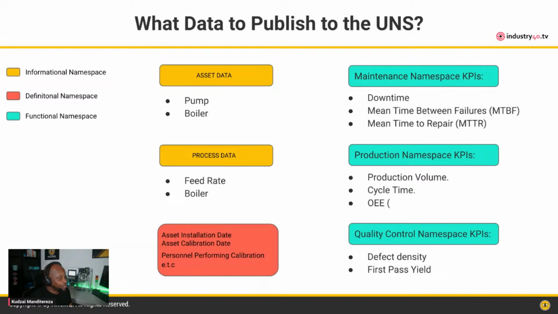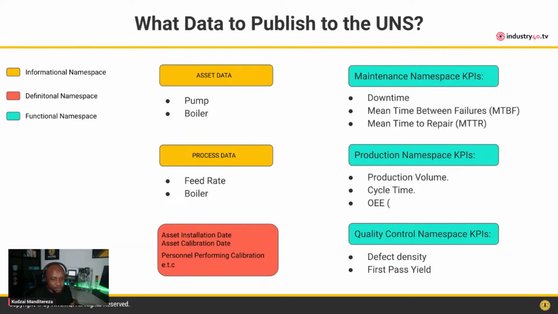When we're talking about the definitional namespace, we're talking about information that doesn't change much, right? So, for example, when was this asset installed? And from time to time, you calibrate your machines, and you need to log that information to say the calibration date on this particular equipment was last done on such and such a date.